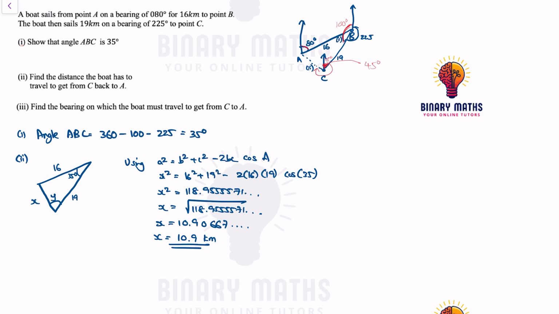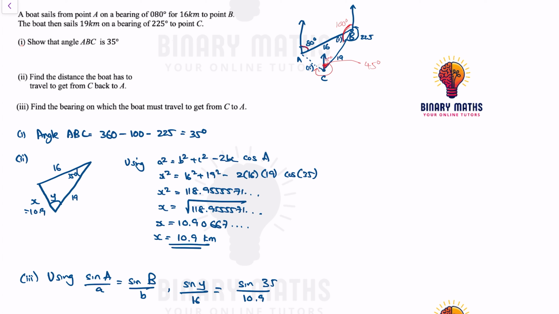To find y, I need to use the sine rule. So for part 3, using the diagram above and the sine rule, sine A over a is equal to sine B over b, x is equal to 10.9. Then I get sine of y over 16 must be equal to sine of 35 over 10.9. All I've done is apply the sine rule to that triangle here.